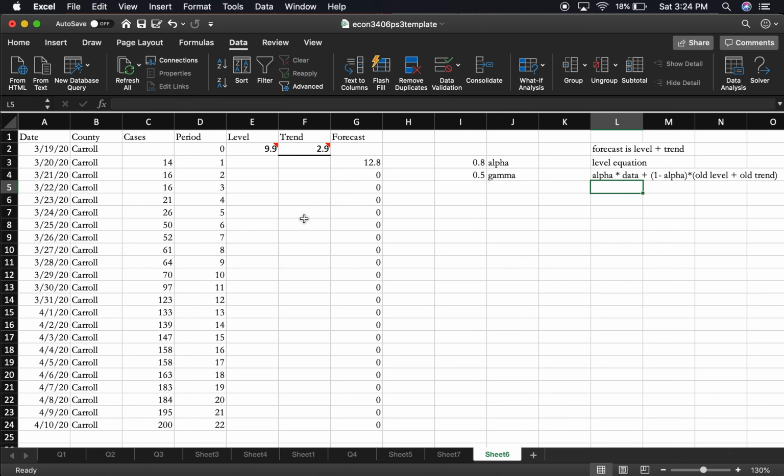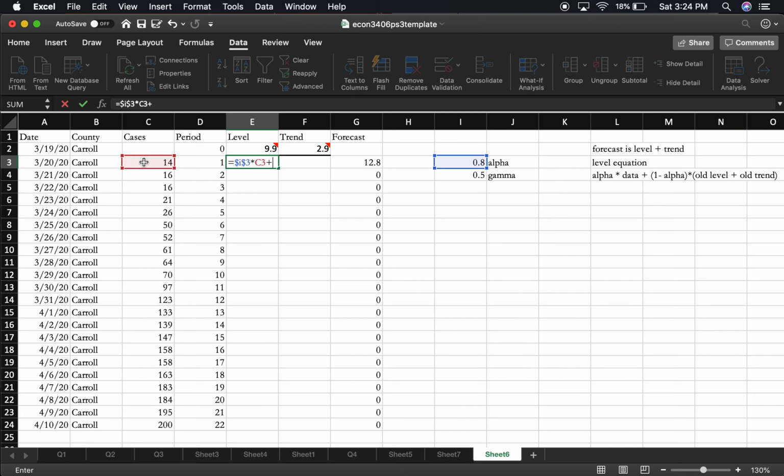So I have alpha, which is in I3. So it's I3 times the data, which is located in column C. These are the COVID cases for Carroll County. And then I have 1 minus I3 times the old level plus the old trend.